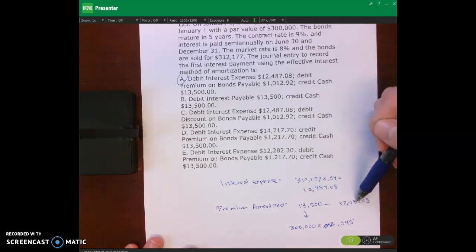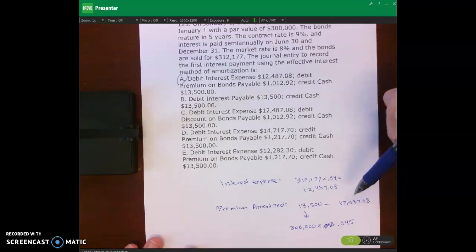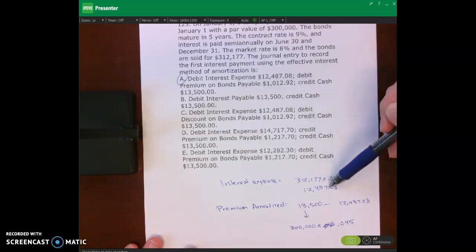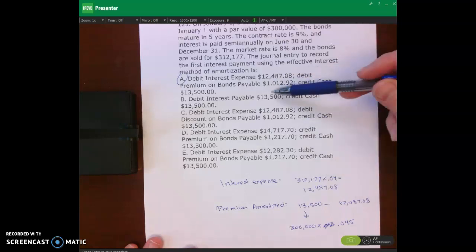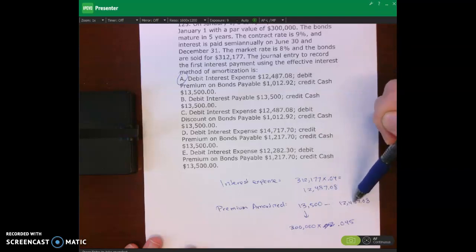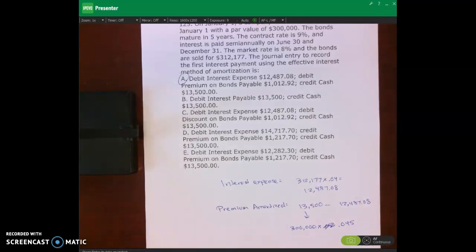We then subtract that from our interest expense, and then that is our premium, our debit to our premium on bonds payable. So our correct answer is A, which is debit to interest expense, $12,487.08. Debit to the premium on bonds payable, $13,500 minus our interest expense, and then a credit to cash for $13,500, and that's how much we pay our bondholders.